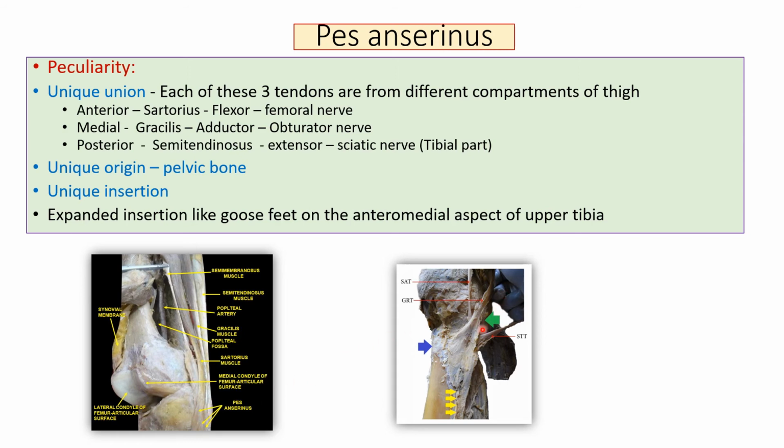And here also you can see each of the tendons getting expanded like the goose feet when they are nearing their attachment. You can see the sartorius and then the gracilis and semitendinosus from anterior to posterior. So that is the uniqueness of the pes anserinus.